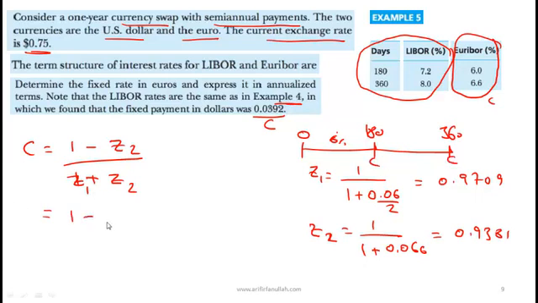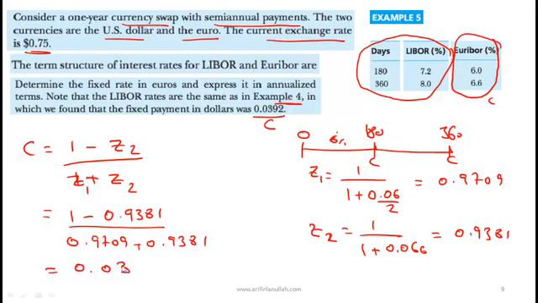All right, so what is the C value, the fixed coupon that we pay here and here? 1 minus Z2, which is 1 minus 0.9381, divided by 0.9709 plus 0.9381, and this should give you 0.0324. So what is this saying?